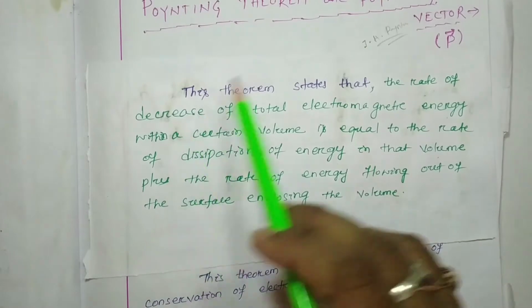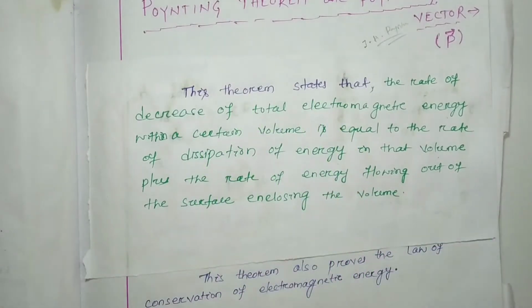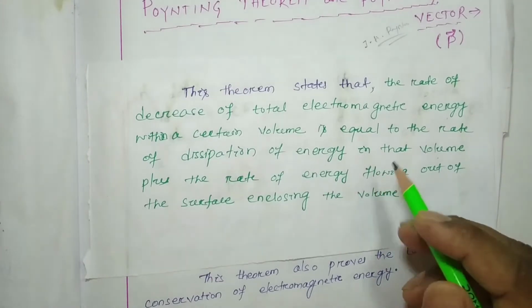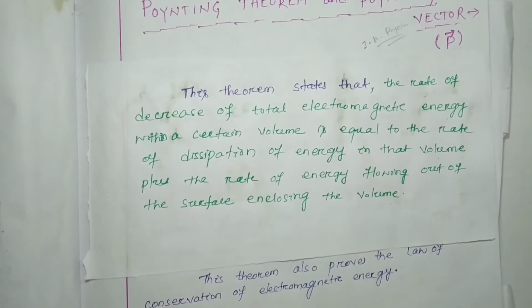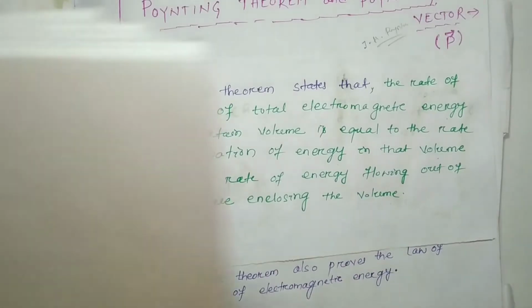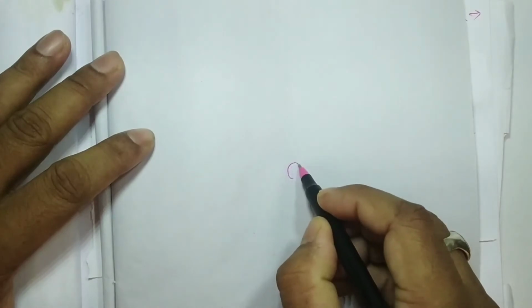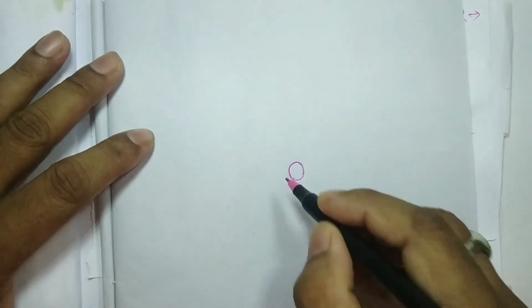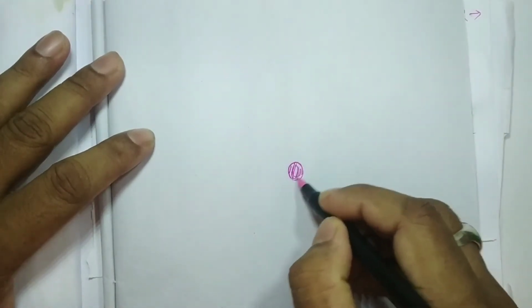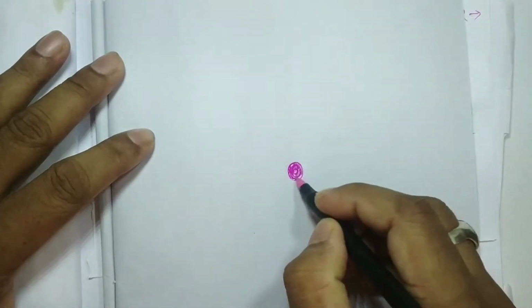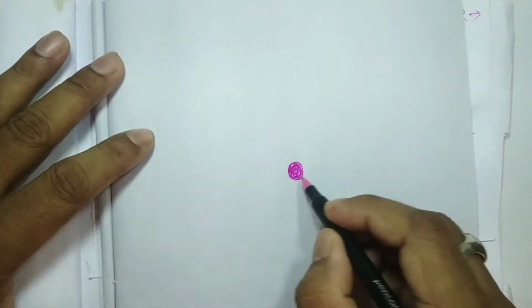So what the statement is telling us, I am going to clarify with a simple example. First we have to consider, suppose this is a hot iron ball, that means it is glowing.